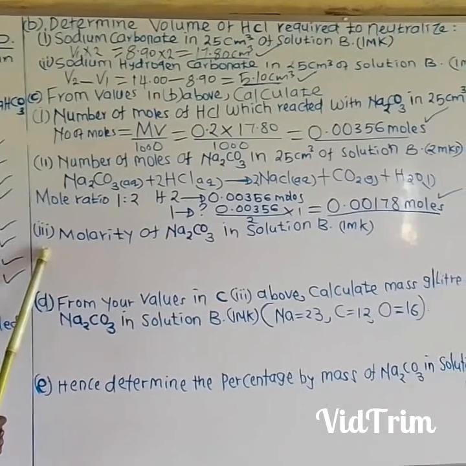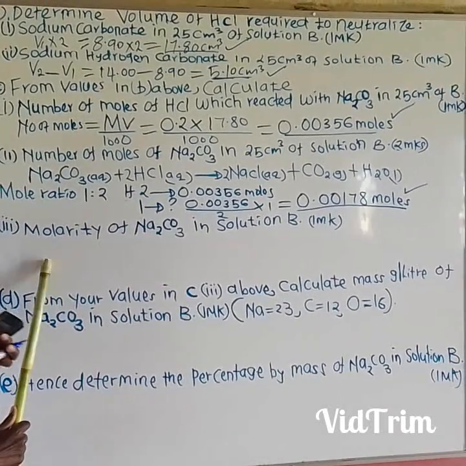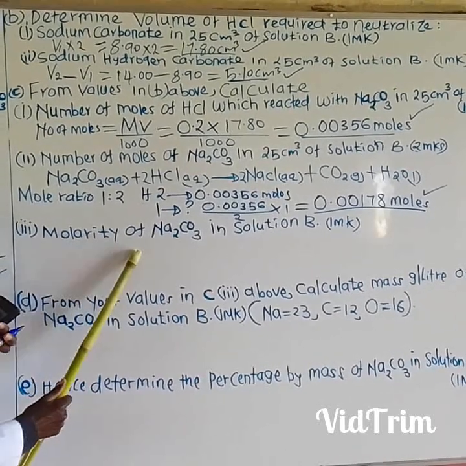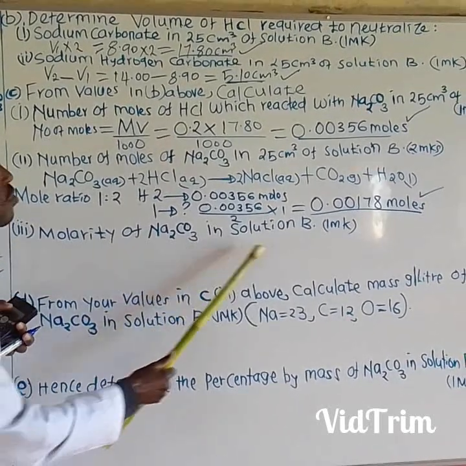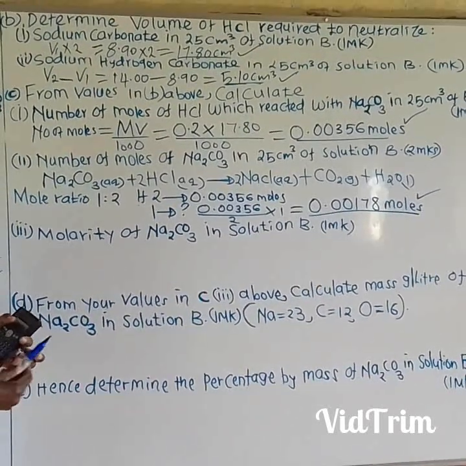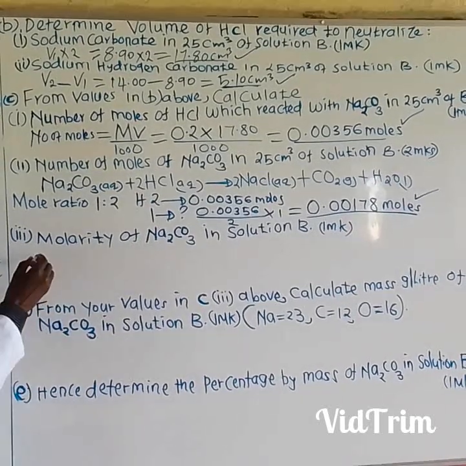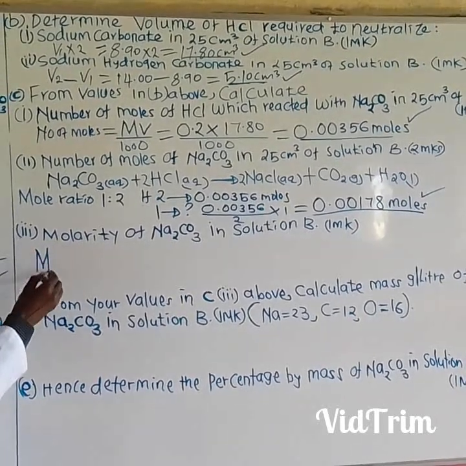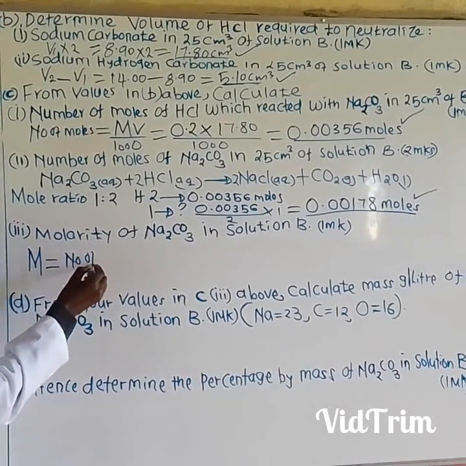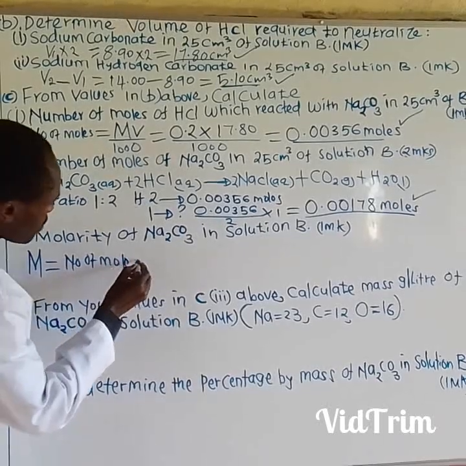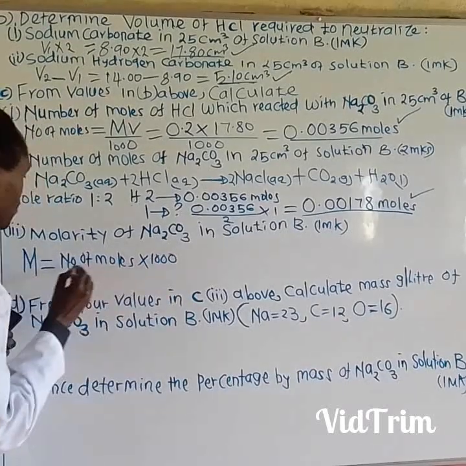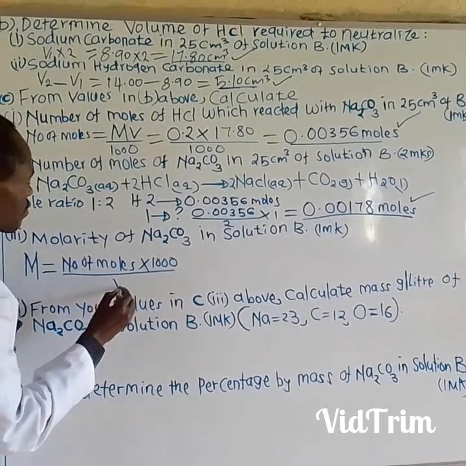Roman 3, question Roman 3. Hope you are focusing, my student, isn't it? Calculate the molarity of sodium carbonate in solution B. It is very simple. We apply the formula which says molarity is equal to number of moles times 1000 all over volume.